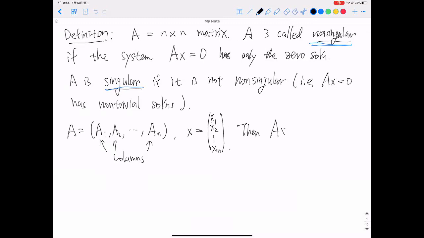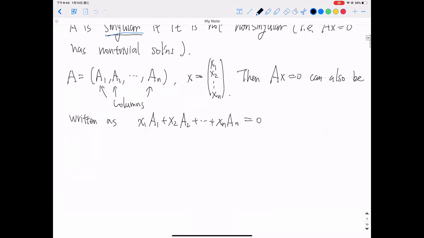Then AX equals to 0 can also be written as x1a1 plus x2a2 plus xnan equaling 0. So now what is this? This, as we've seen already, is what we call a linear combination of a1 through an.